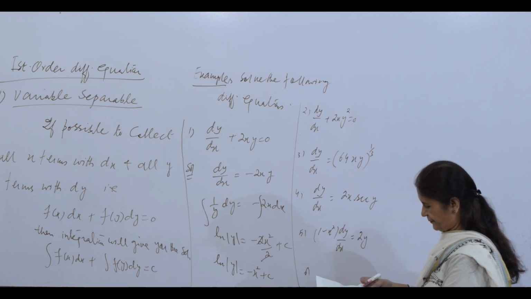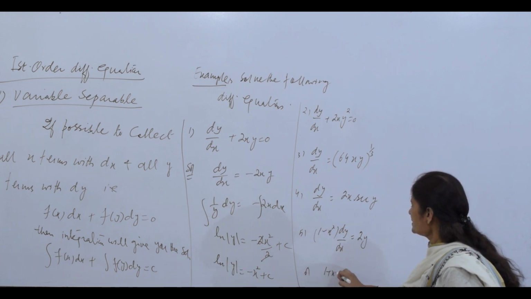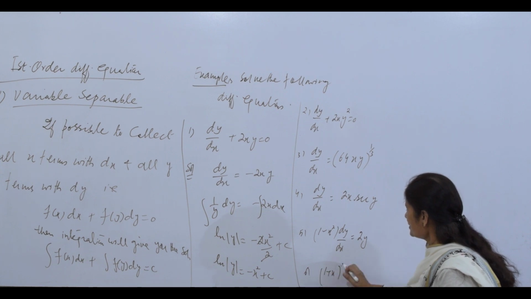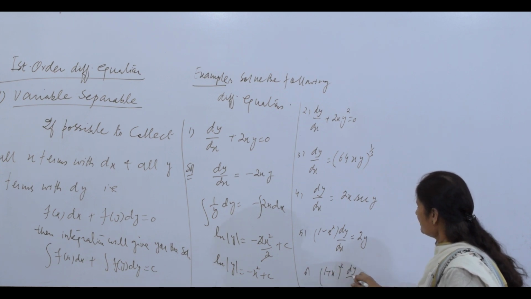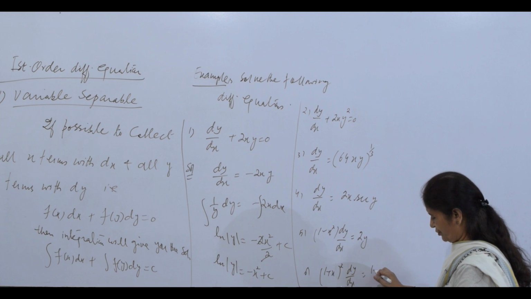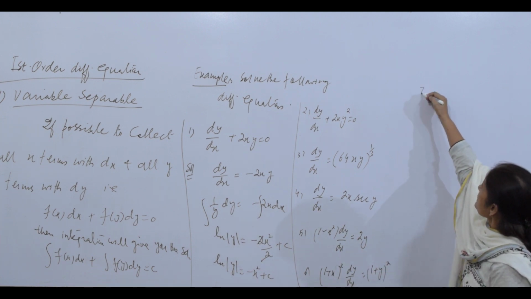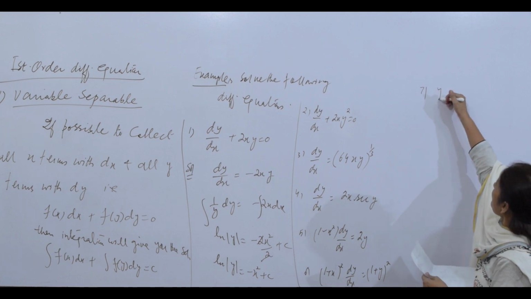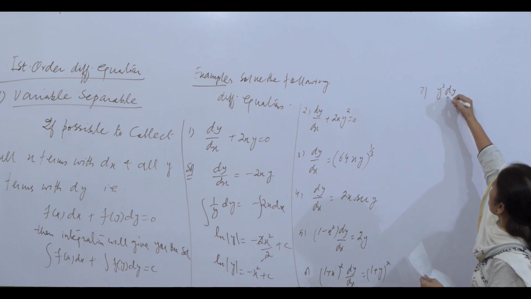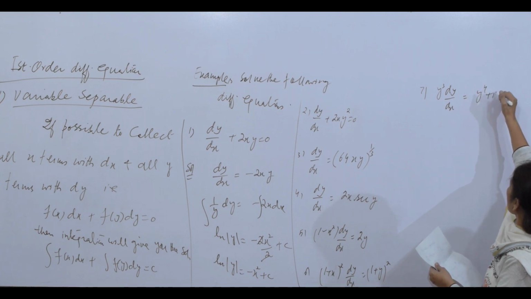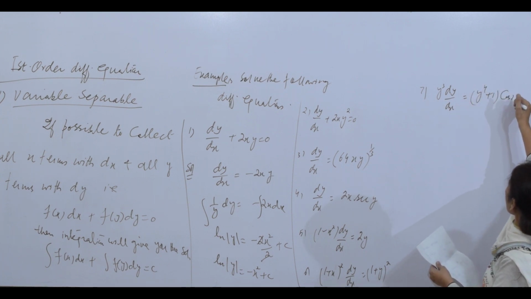Sixth is 1 plus x square dy by dx is equal to 1 plus y whole square. Seventh, y cube dy by dx is equal to 1 plus cos x.